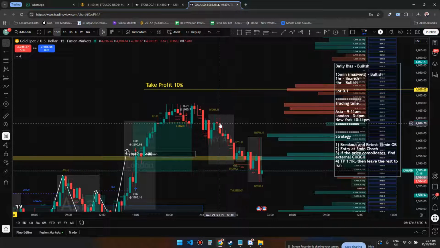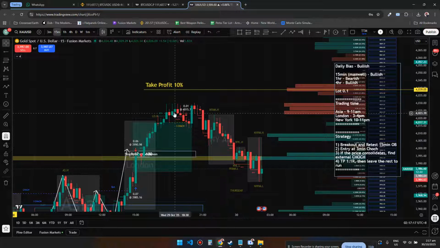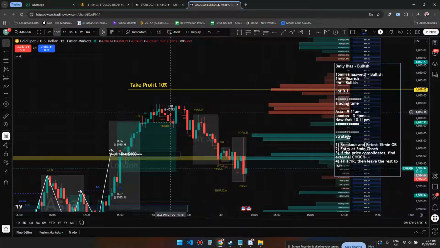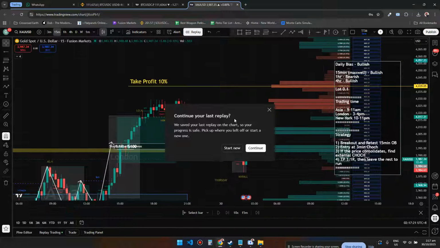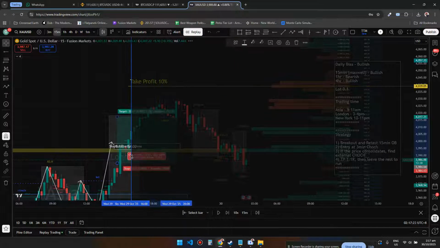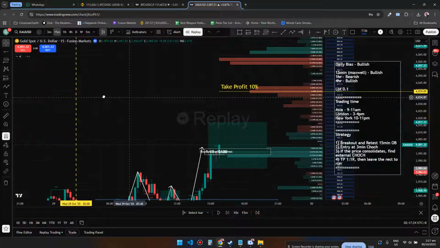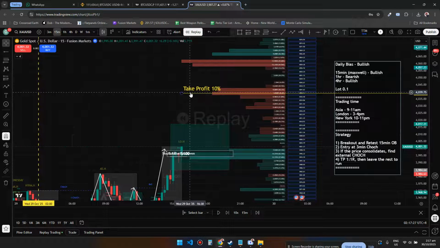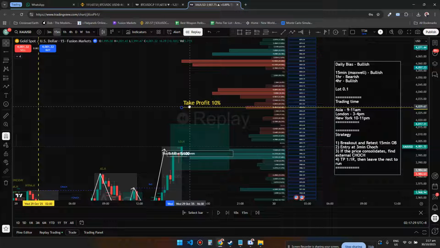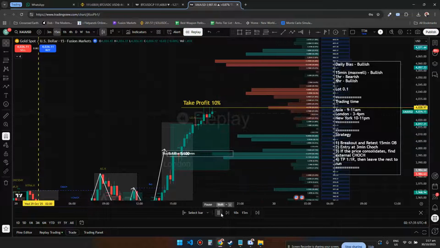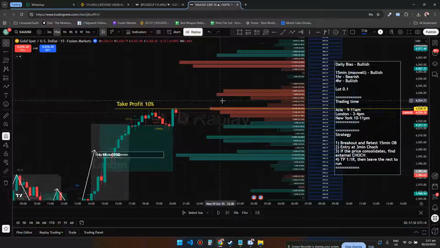I was trailing my stop loss in case the price came back down, and it did come back down. So actually I didn't take profit here. I was aiming for here, but I also didn't take profit at this area. I was trailing my stop loss.